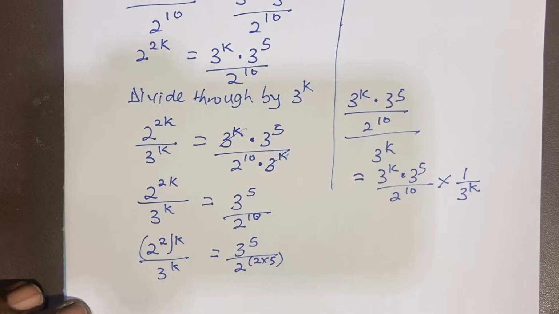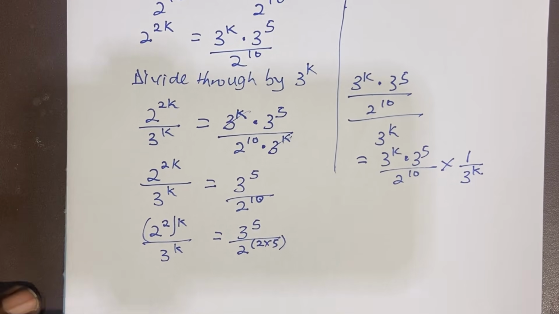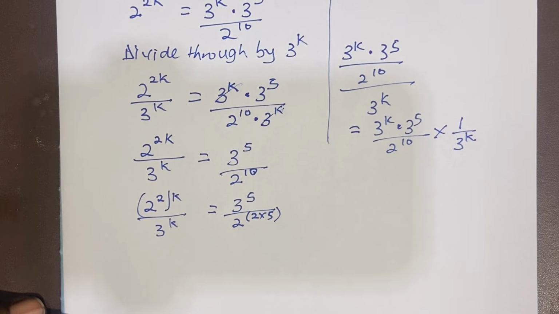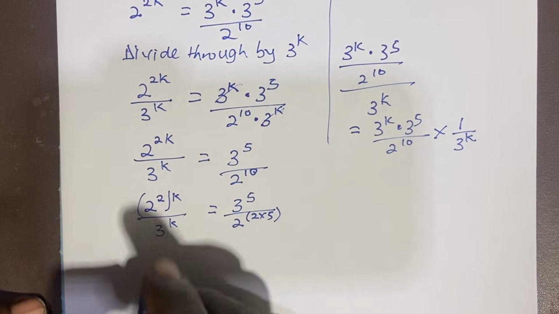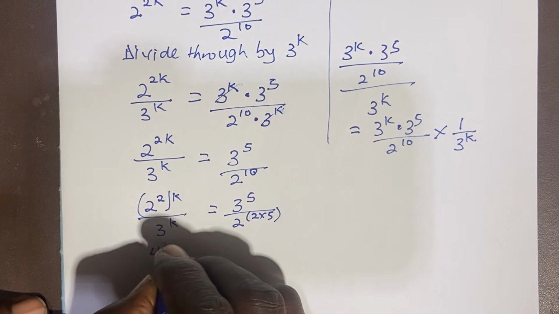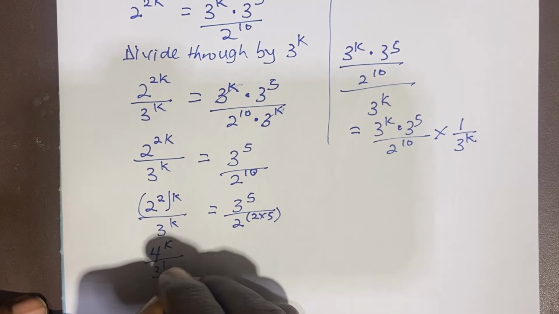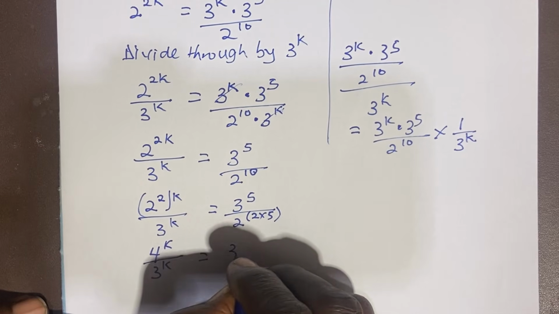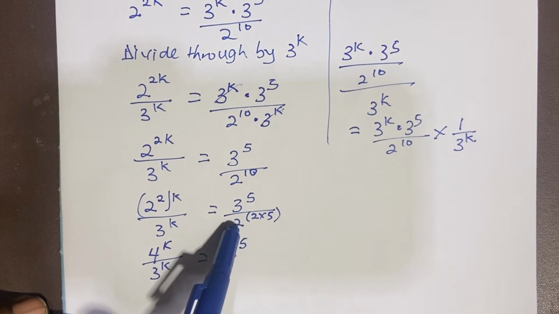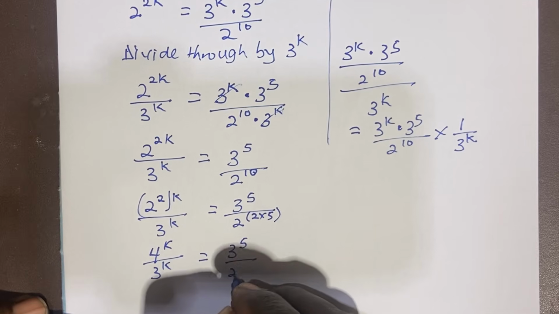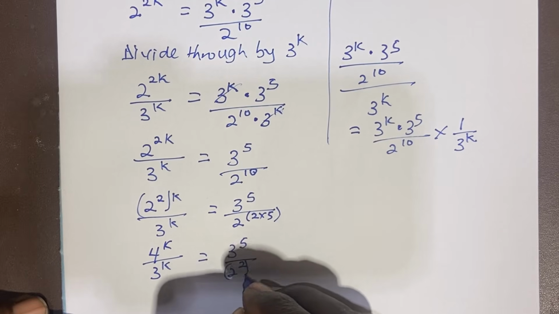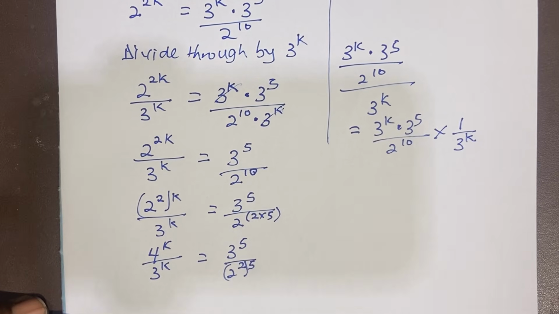So we have simplified the 10 to give us 2 times 5. From this, 2 to the power 2 gives us 4 to the power k over 3 to the power k is equal to 3 to the power 5 over 2 to the power 2 all to the power 5.